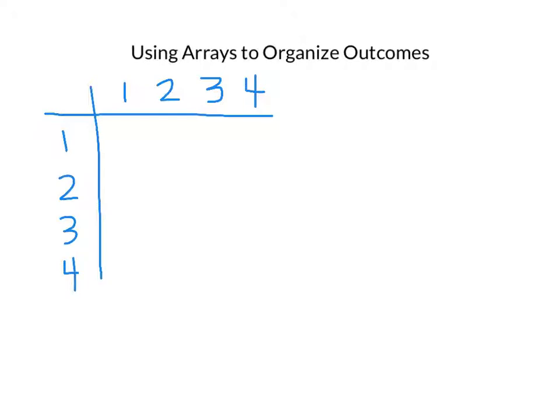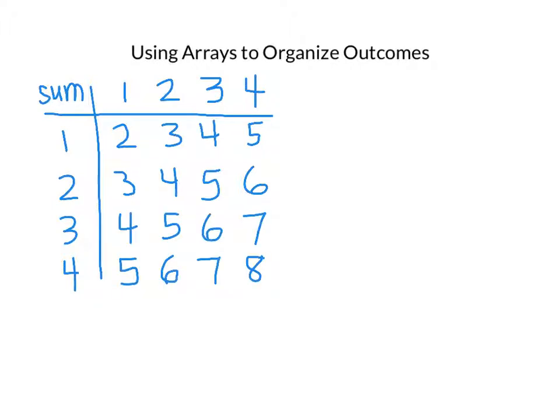And up in the corner, I'm just going to help myself remember what it is that I'm doing by writing the word sum. So when we add 1 and 1, we get 2, 1 plus 2, 1 plus 3, and 1 plus 4. Then 2 plus 1, 2 plus 2, 2 plus 3, 2 plus 4, and so forth. So these would be all the possible sums of rolling the two dice that are four-sided.